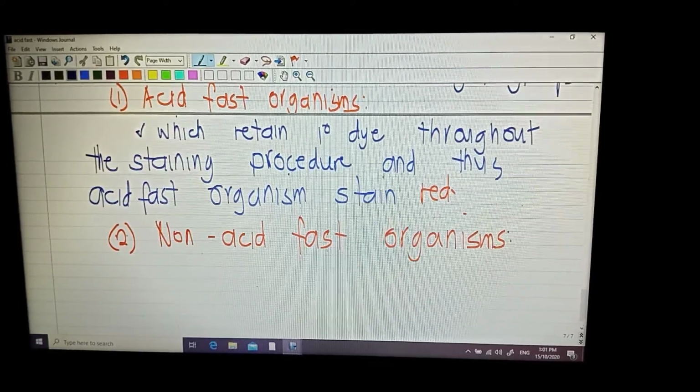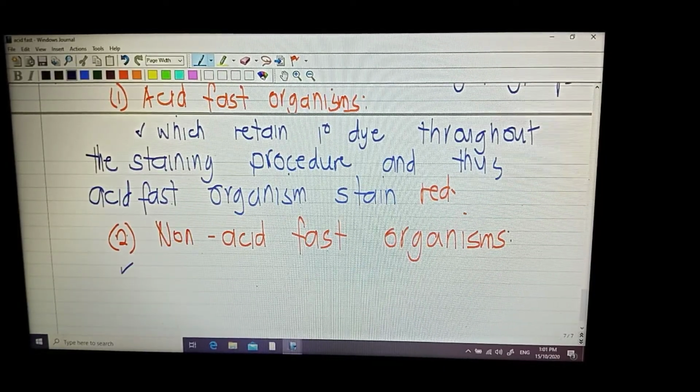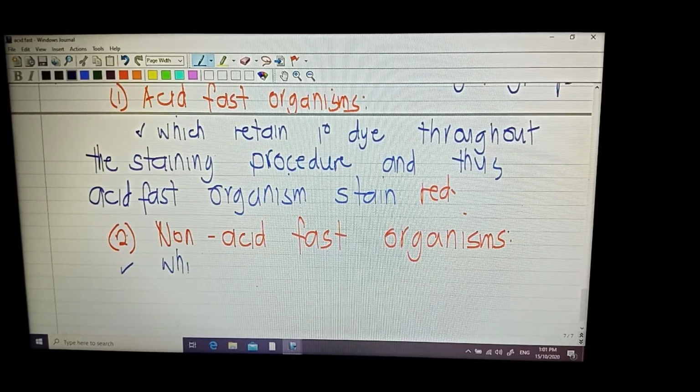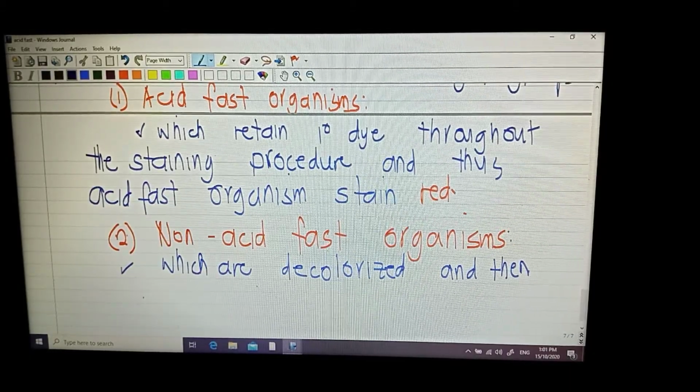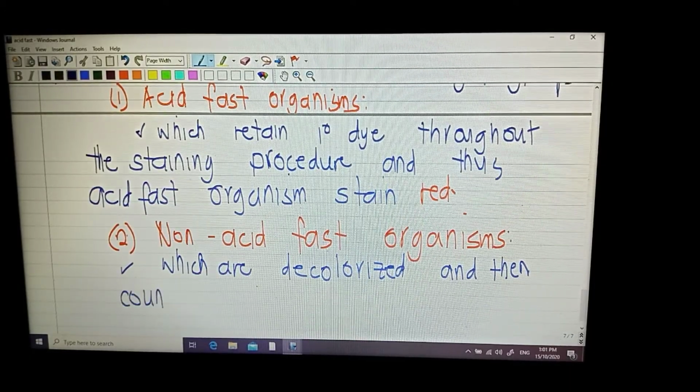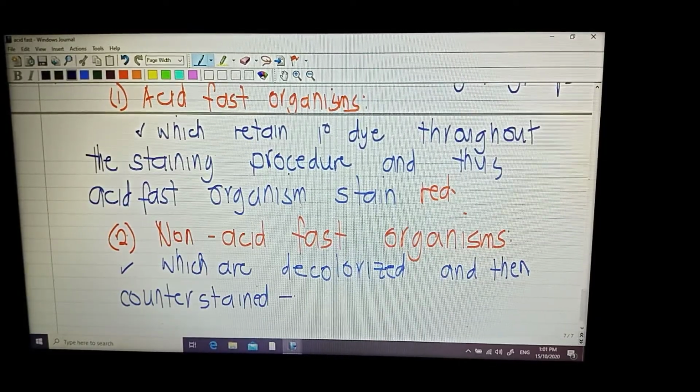Okay, this type of organism, they are decolorized and then counterstained, so it is stained what color?